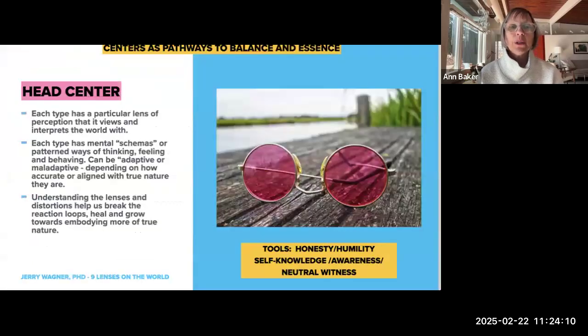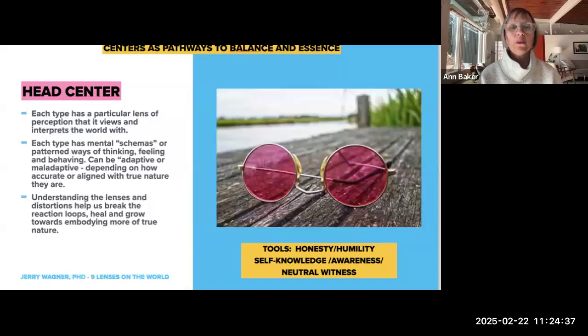Okay, so our centers, we talked about the head center, the heart center, and the body center. Using these centers as a way to find balance and to get more in touch with your essence is really kind of the core of the path. Because we've learned that each type has a particular lens of perception. That's where the rose-colored glasses come in.